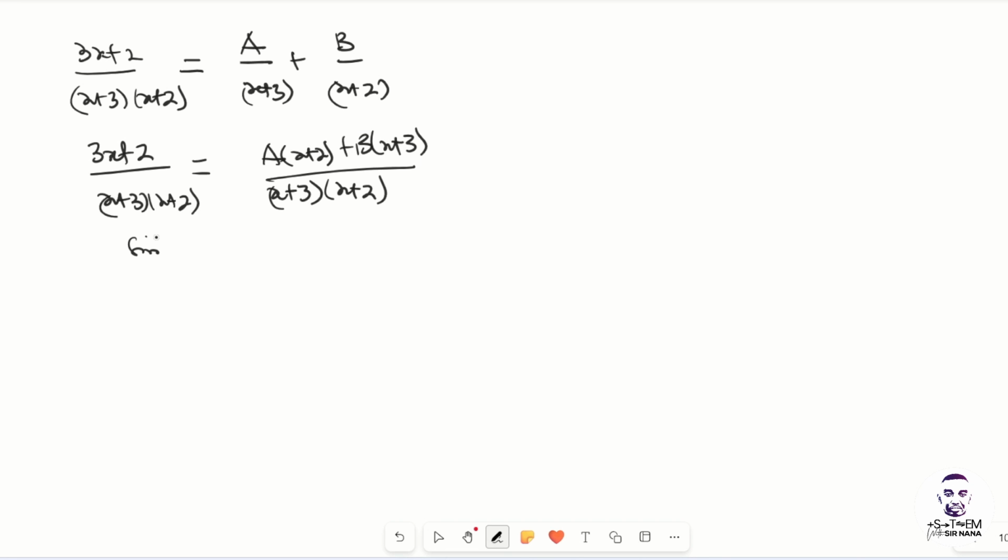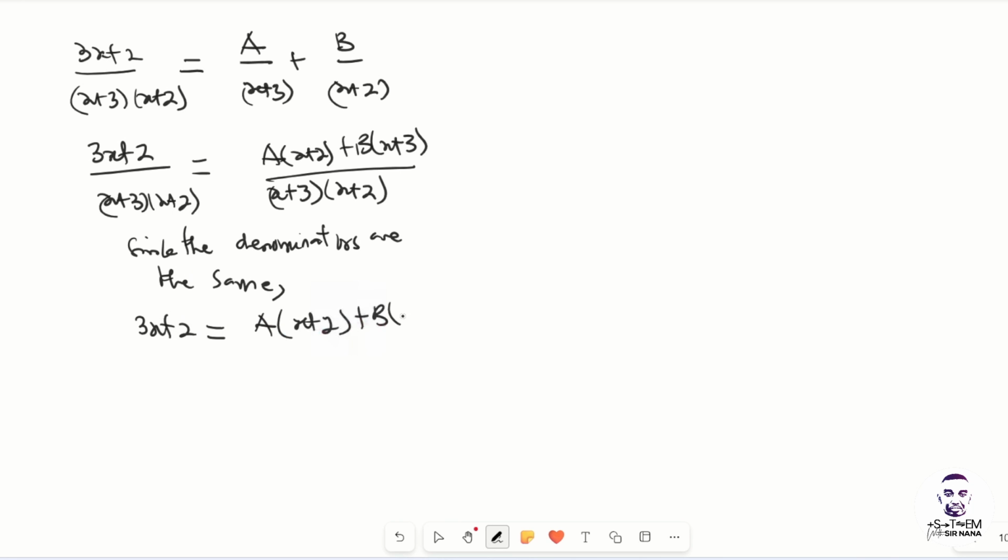So we say that since the denominators are the same, then it means that 3x plus 2 will be equal to a multiplying x plus 2 plus b multiplying x plus 3, right? So this process is the same for the other method.